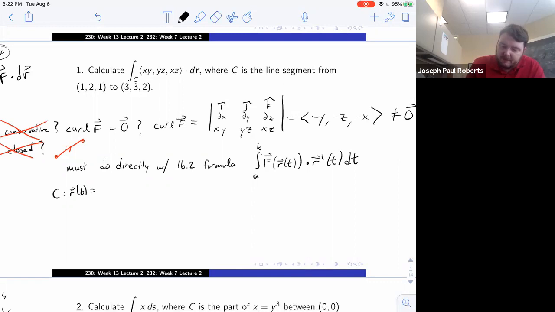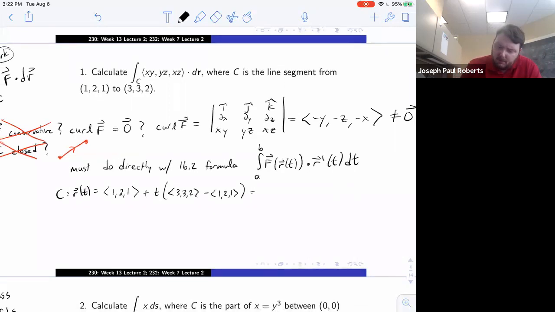For line segments, we could do the start point plus t times the end minus the start. The book writes this a little bit differently. It's the same formula in the book. They just organize it in a slightly less intuitive way, in my opinion. But we could simplify that to 1 plus 2t, 2 plus t, 1 plus t.